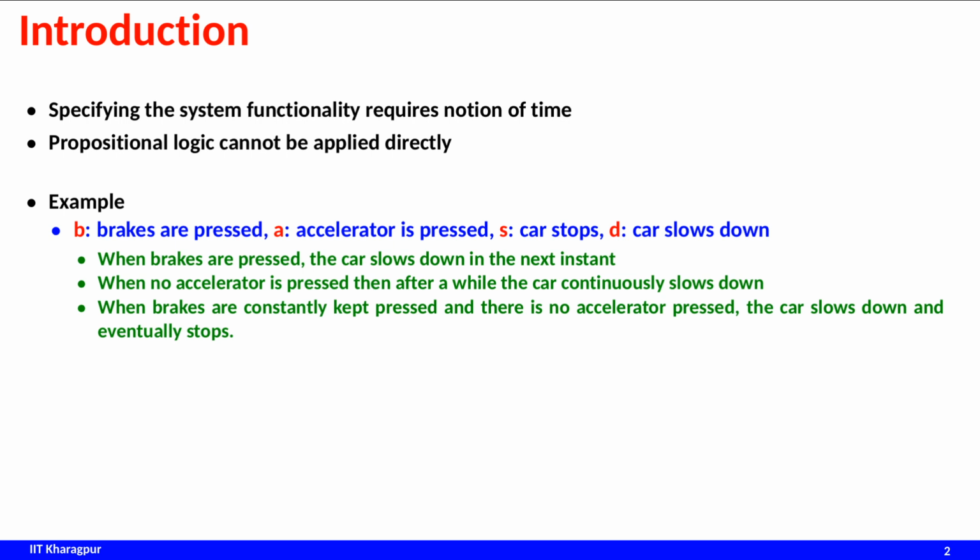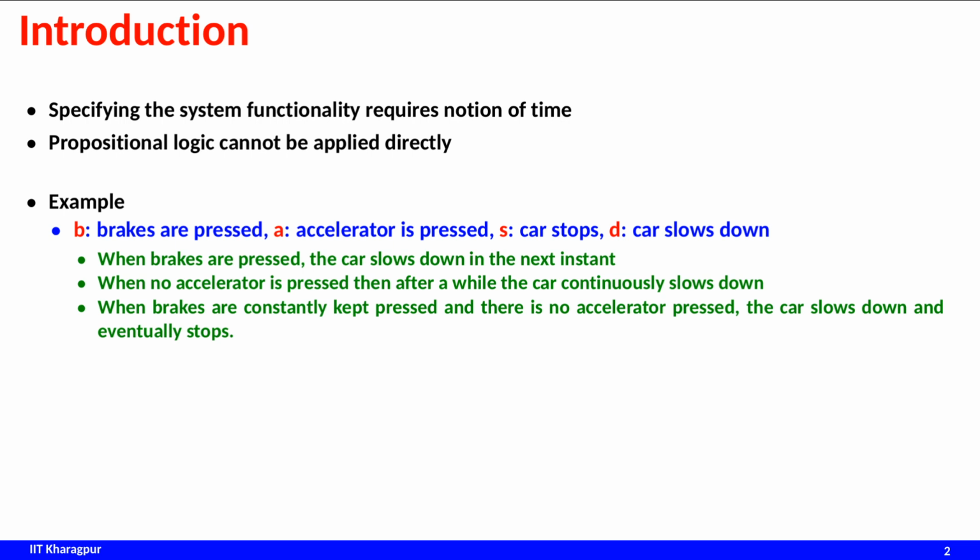So let us take a very simple example, which is almost a day-to-day scenario. Let's say I have a car where I have a brake. When I press the brake, pressing a brake is an event. I have an accelerator, so I can press that accelerator to increase the speed, or I may want to stop my car, or maybe I want to slow down my car.